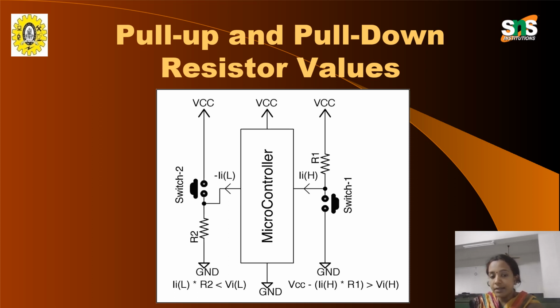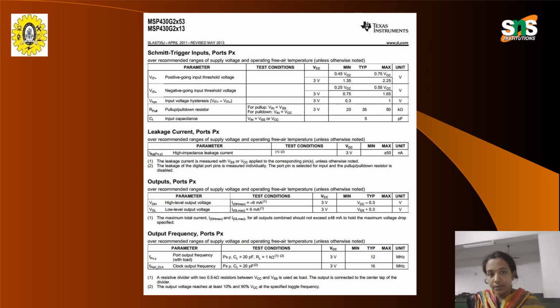Towards the left side, it is having switch number 2. Switch 2 goes up and the resistor comes down. Switch 1 comes down and the resistor R1 goes up. When the R1 resistor is up, then a high input would be given to the microcontroller. When the resistor comes down, then a low input will be given. So these types of resistors are called pull up and pull down resistors.